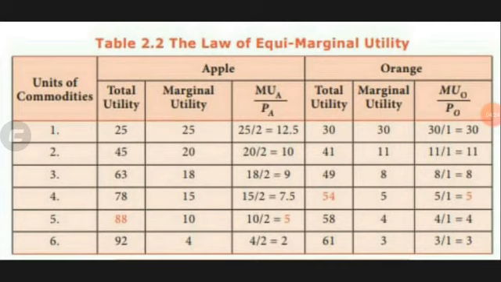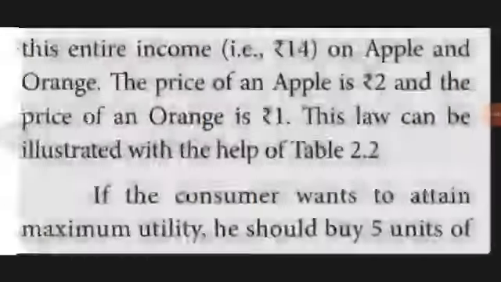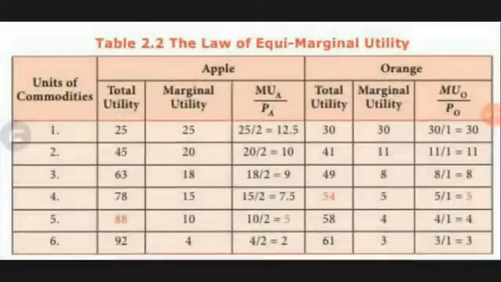Next, 4 units of orange, total utility 54, and the marginal utility is also 5. So here also 5, there also 5. The 4th unit of orange and the 5th unit of apple have the same marginal utility per rupee.